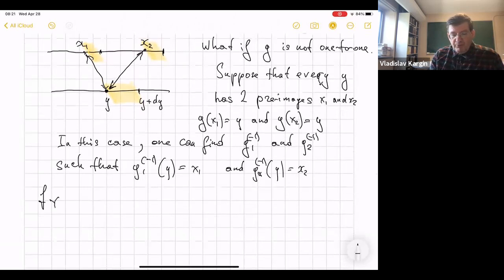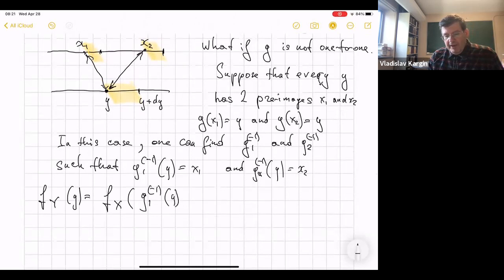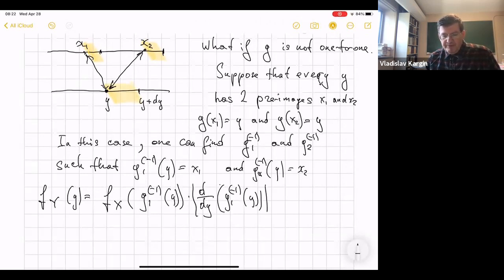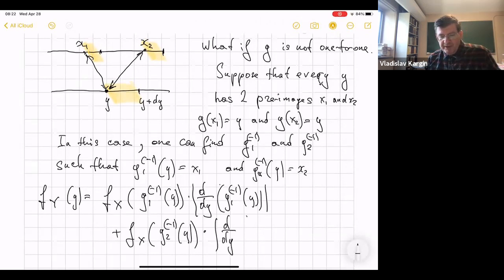So f of y will be equal to f of x evaluated at x1, which we can write as g1 to the minus 1 of y, multiplied by the stretching factor, the absolute value of d over dy of g1 to the minus 1 of y, plus the second term: f of x of g2 to the minus 1 of y multiplied by the absolute value of the stretching factor, d over dy of g2 to the minus 1 of y.